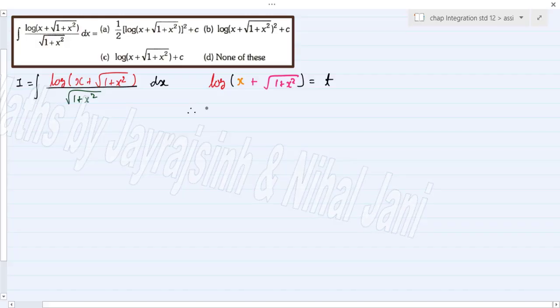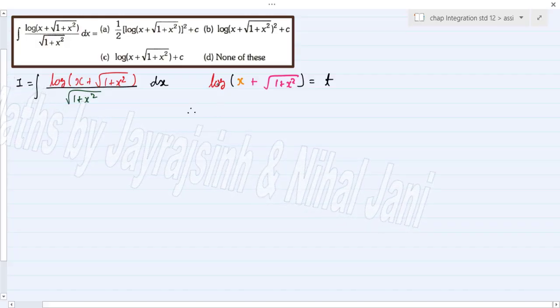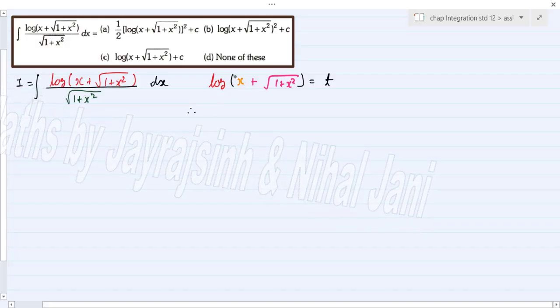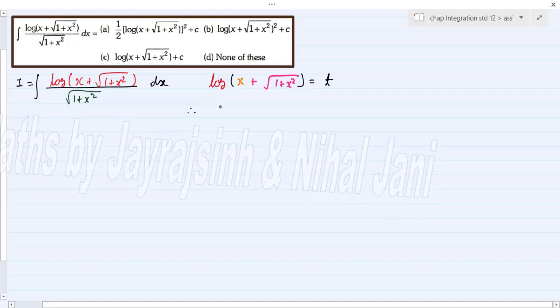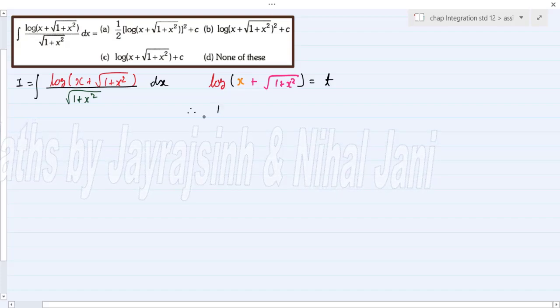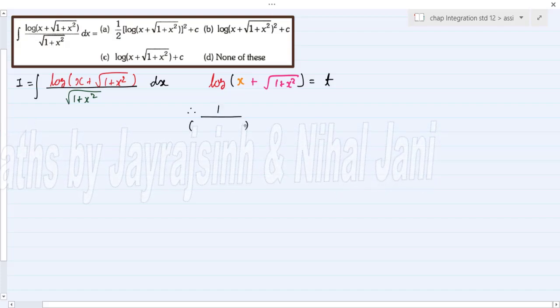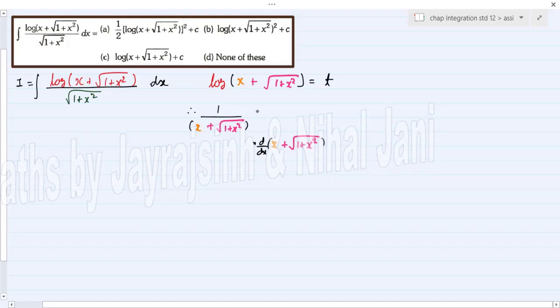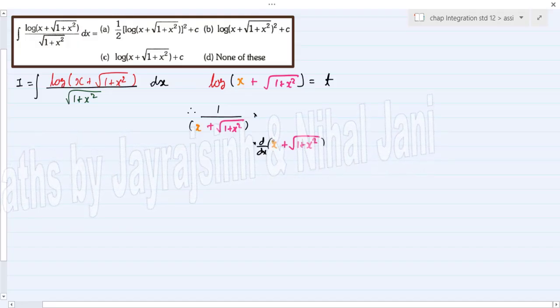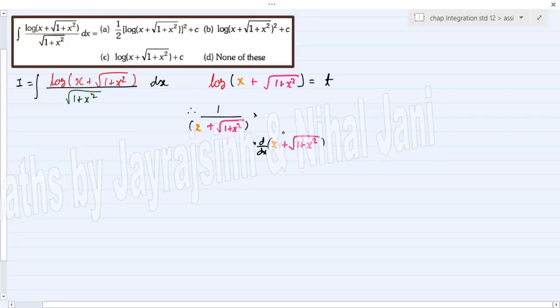So if we differentiate both the sides, on left hand side, we have to consider log is the outermost function. So we have to consider box around the rest of the function. So 1 upon box into d by dx of box. And within the box, we have x plus under root of 1 plus x square.